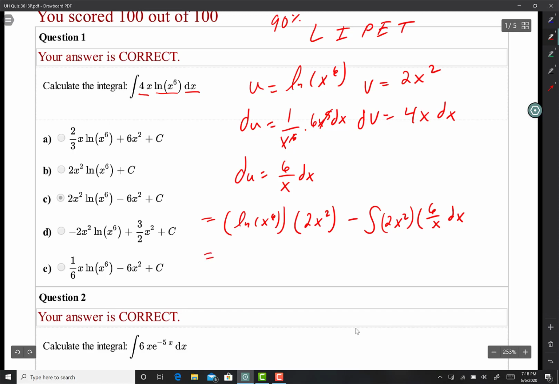So let's fix this now: 2x squared ln of x to the 6 minus, this x cancels out with one of those x's, and you get minus the integral of 12x dx.